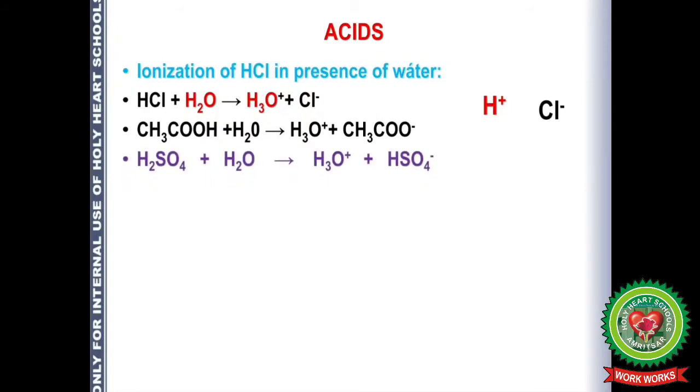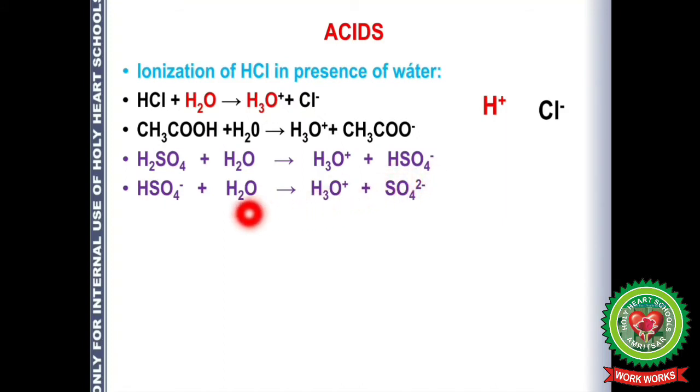Similarly, when sulfuric acid reacts with water, it forms two ions. One is HSO4 minus and the other one is H positive. The H positive that we are getting from the acid combines with water and forms hydronium ion. Now there are two hydrogens in this, so it will ionize in two steps. The second step will be like this.